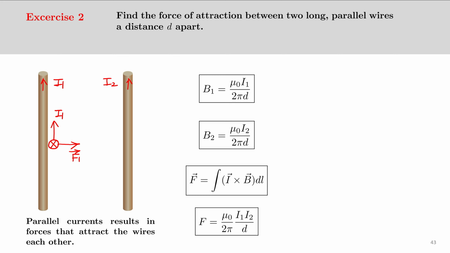In the case of conductor 2, the current is along this direction, so that is I2, and the magnetic field is pointed outward, that is towards the viewer. And now when we calculate I cross B, which is the force due to the field B2, this will be pointed towards this direction. So F1 and F2 are equal in magnitude, but they are in opposite directions. And therefore, parallel currents result in forces that attract the wires to each other.